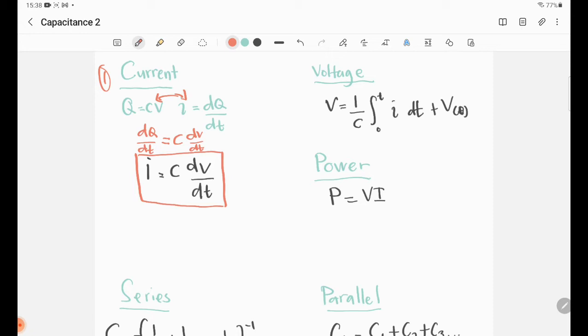Once you have calculated the current, you can calculate the voltage. It's the inverse of the current.